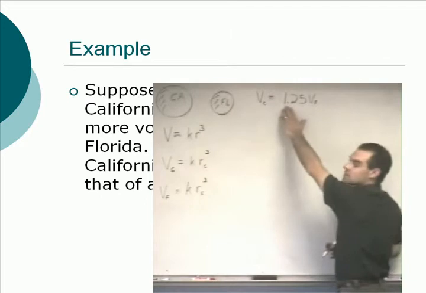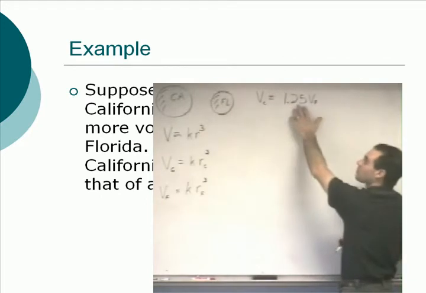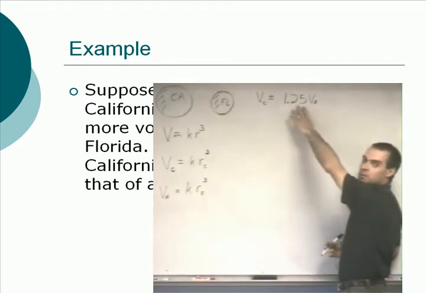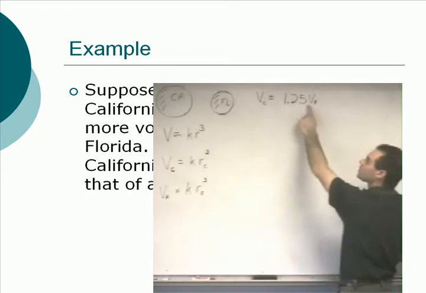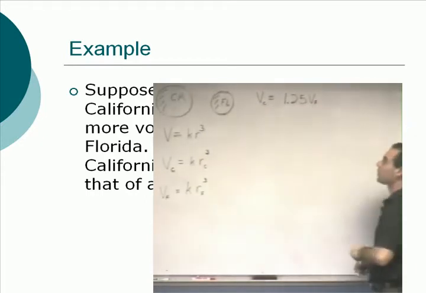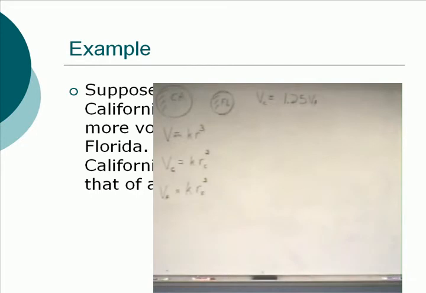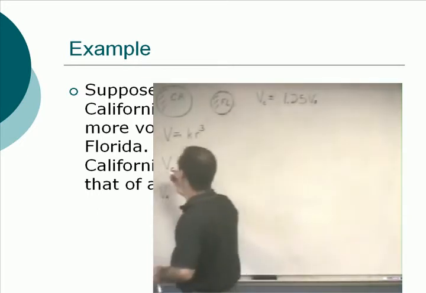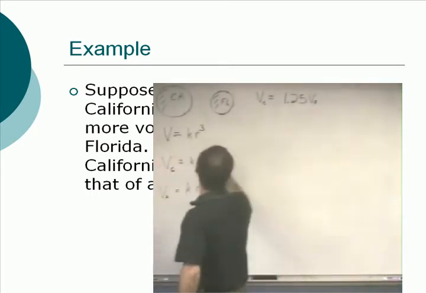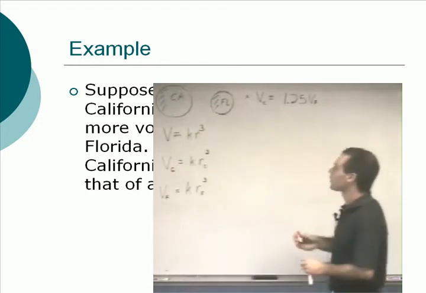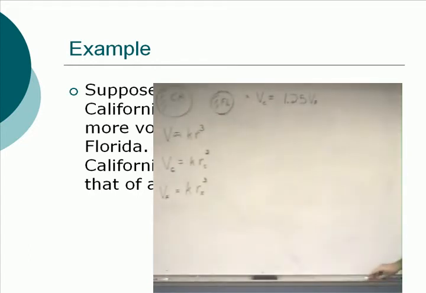The 1 represents that it's that big, plus the 0.25 represents 25% bigger. So it's 125% of the volume of the one from Florida, 1.25. Those are the facts that we need to really get going here. Questions about where those three things come from?